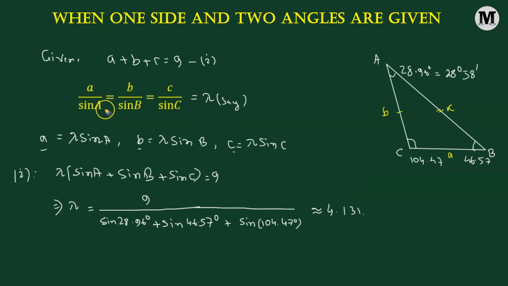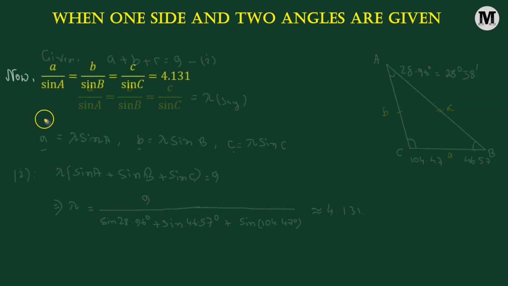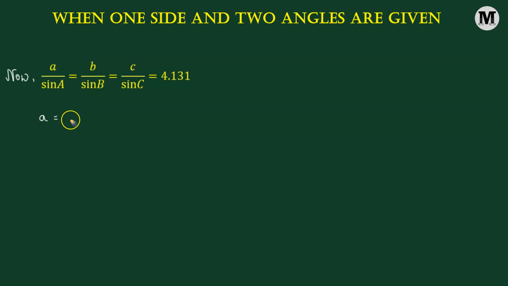So that's going to be the value of the constant. Now we have the ratio equal to 4.131, so we can easily obtain the value of a. So a is going to be 4.131 times sine of angle A. Here angle A is 28.96 degrees. We can plug this value into the calculator. That comes out to be approximately equal to 2. Then we have b. So b is going to be 4.131 times sine of angle B, where angle B is 46.57 degrees.